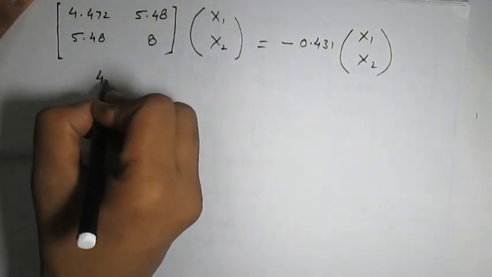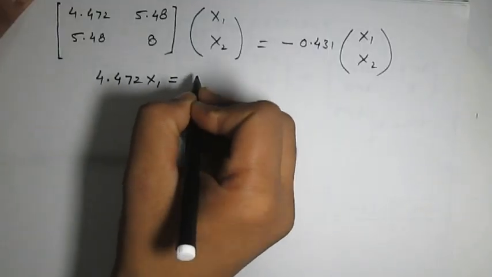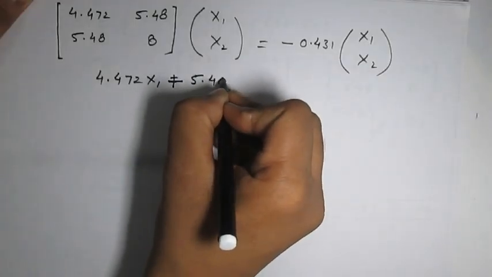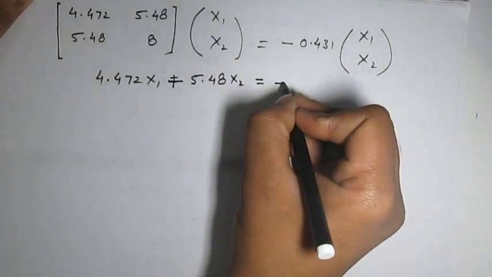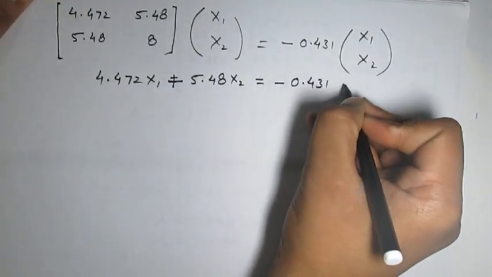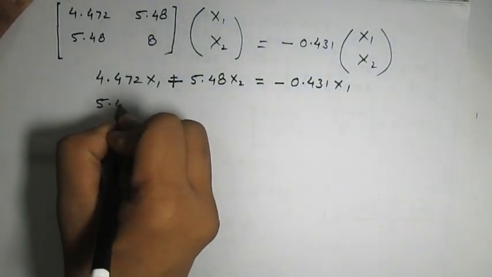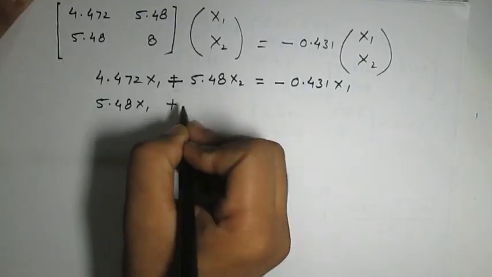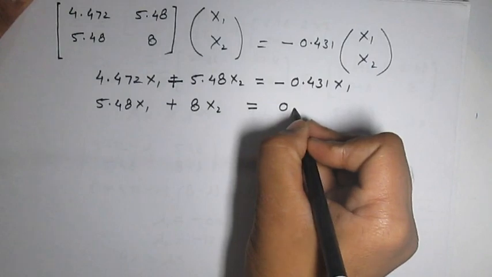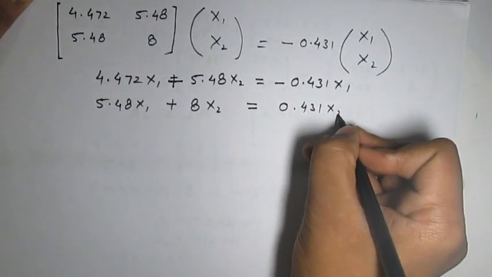Rewriting this formula in this form, 4.472 x1 plus 5.48 x2 equal to minus 0.431 x1, and 5.48 x1 plus 8 x2 equals minus 0.431 x2.